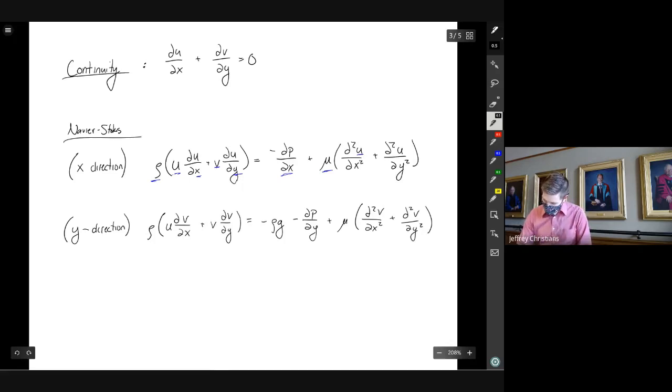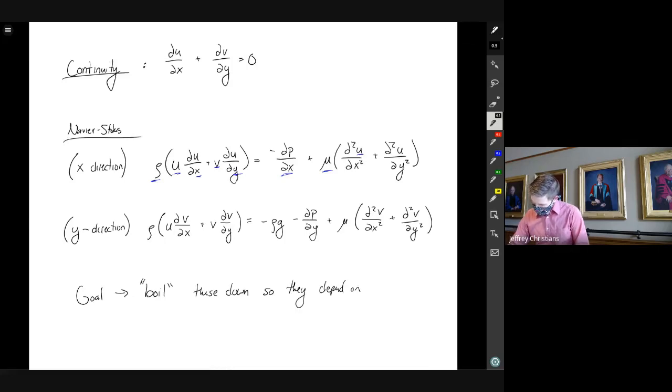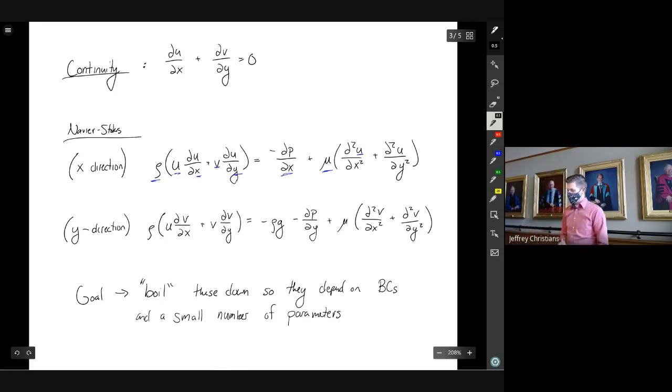So our goal is a solution that depends on boundary conditions and a small number of parameters.